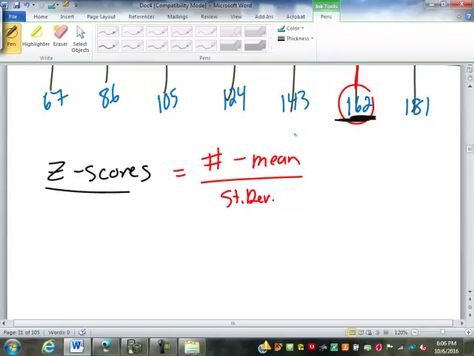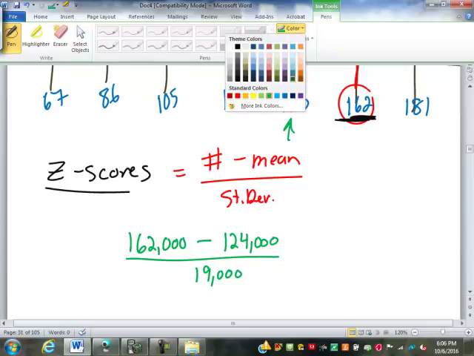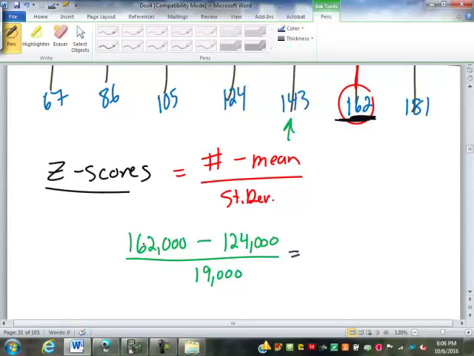So if I wanted to look up here for this example, the house was $162,000. Subtract from that, what was the mean? $124,000. Divide that difference by the standard deviation, which was $19,000. We subtract 162 minus 124 is $38,000. Divided by a standard deviation of 19,000, which gives us 2.